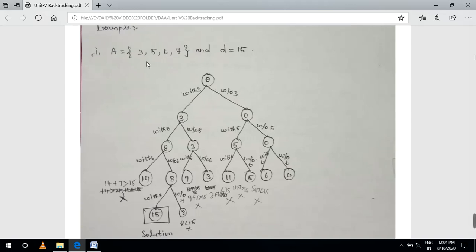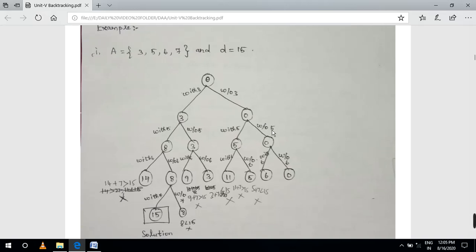So you consider the first value with 3 and without 3. Without 3, the root stays the same, since there is no need to add the first value. Next, you consider the second value, 5, with 5 and without 5, across all the tree levels.